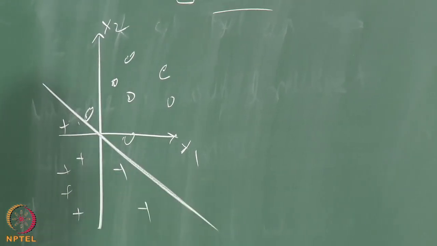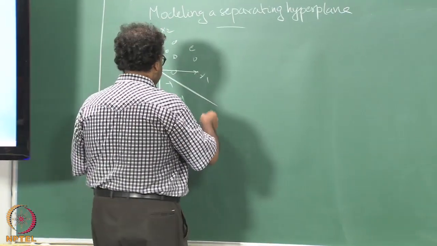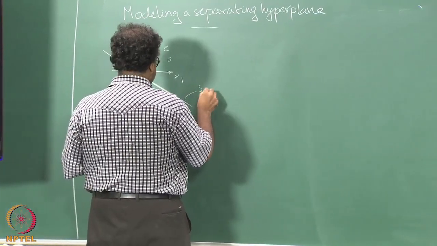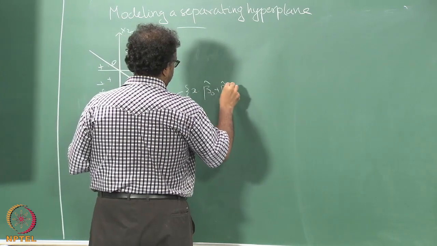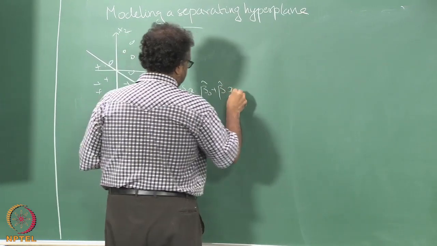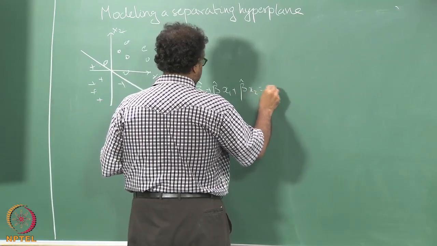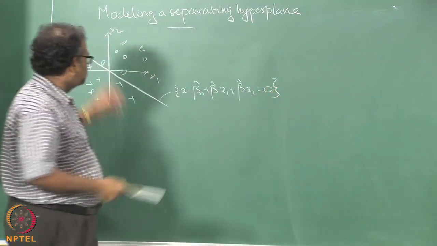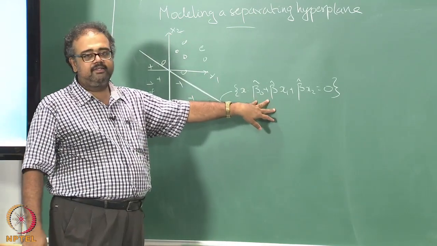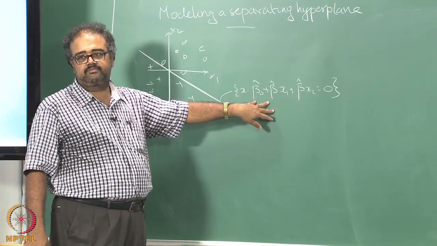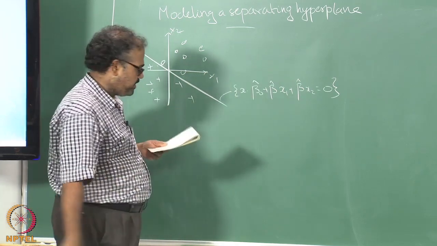So that is a separating hyperplane. This constitutes all points x such that this equation is satisfied. Okay, so this is a definition of a separating hyperplane.